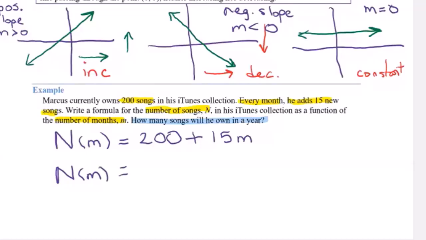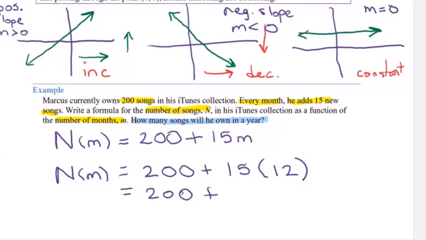That's equal to, we're starting with 200 and we're adding 15 songs every month. And in 1 year, we're going to have 12 months. So I'm going to multiply 15 times 12, which is going to give me 180. So this is going to equal 200 plus 180.